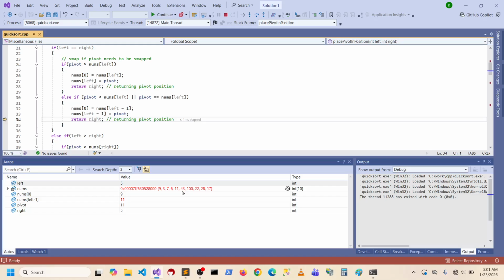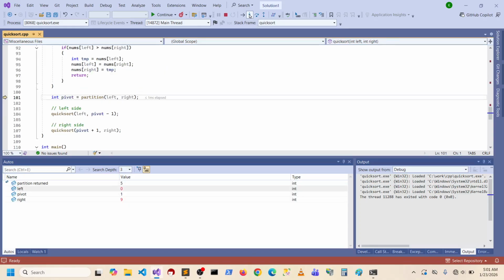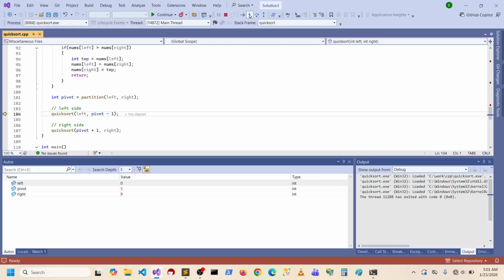So that when we pass in, when we do our other partition, we're already on the number that we need, so there shouldn't be any like minus ones or anything like that. So return right, we go back to, now our pivot is 5. Now we sort from left to pivot minus 1, which that should be right.